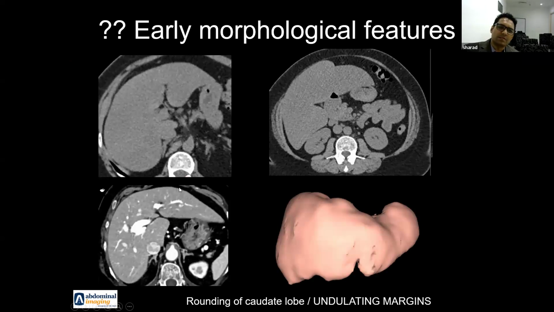If you see this contrast image, you can see that the liver surface is smooth. You can't make out any nodularity, and the enhancement is also homogeneous. So you may call this a normal liver, but if you look carefully, the liver is a little rounded, lumpy, bumpy. But if I do a 3D reconstruction, I see a very abnormal, lumpy, bumpy liver.